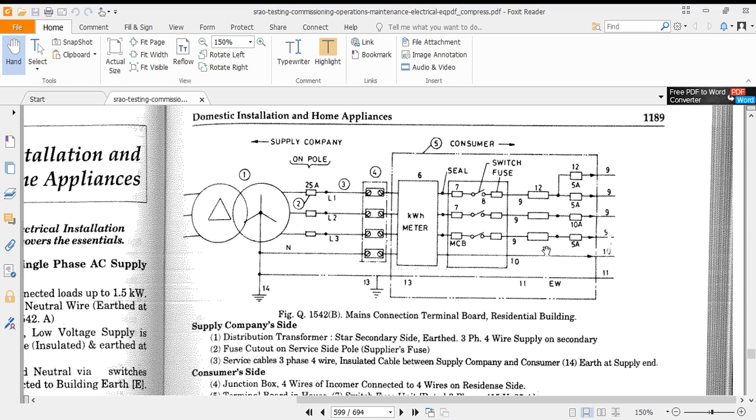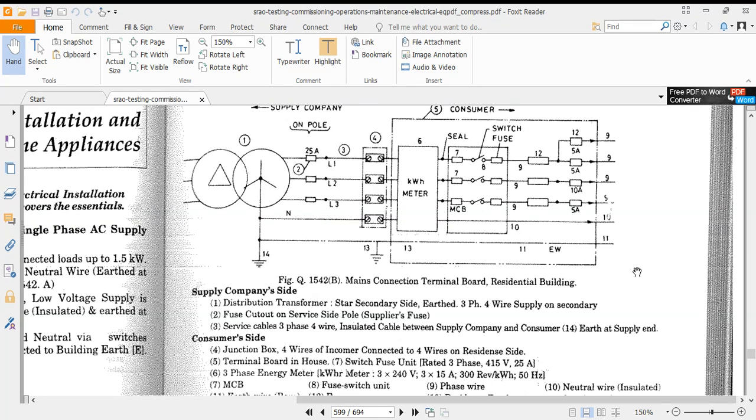Then we have fuses. Then again we have sub switches connecting to each individual load. And the earth wire is running from the generator through each individual meter board.